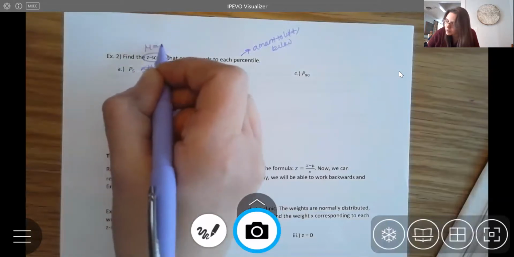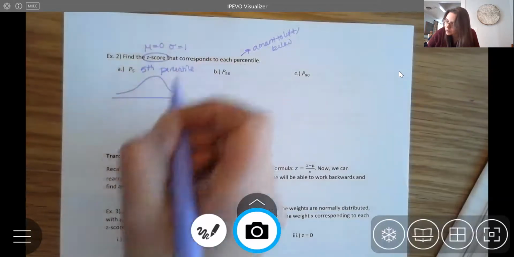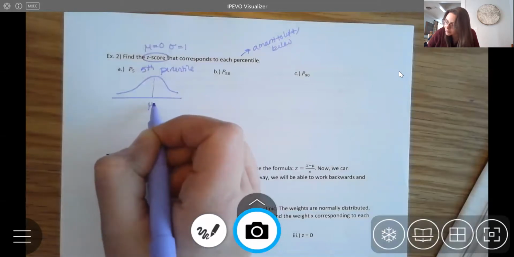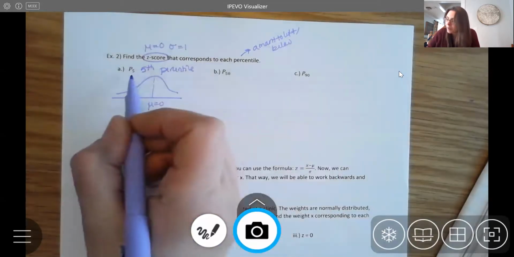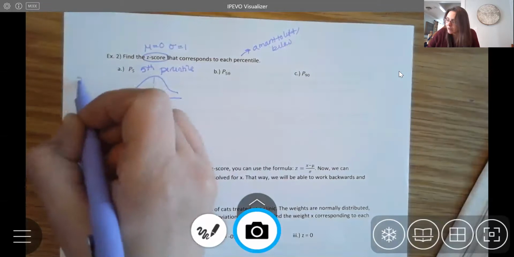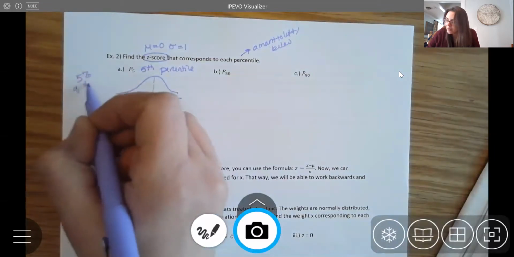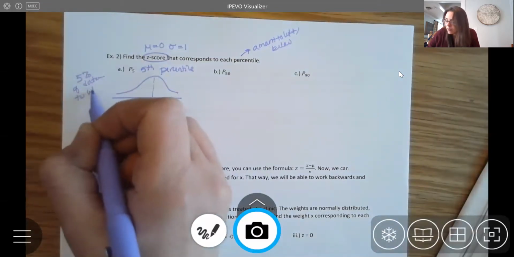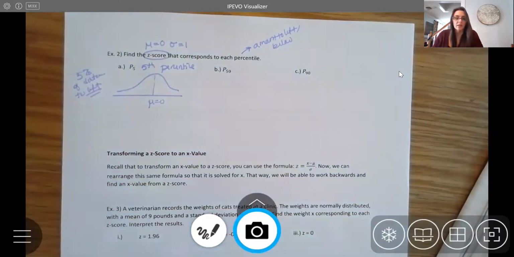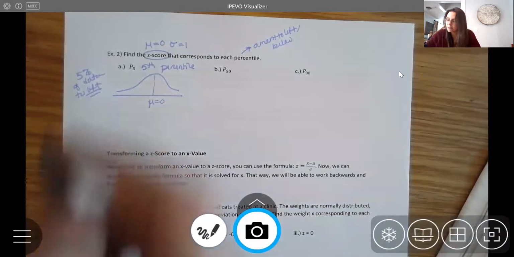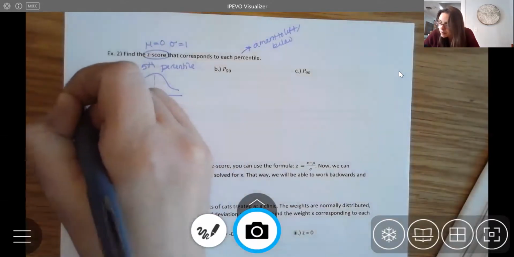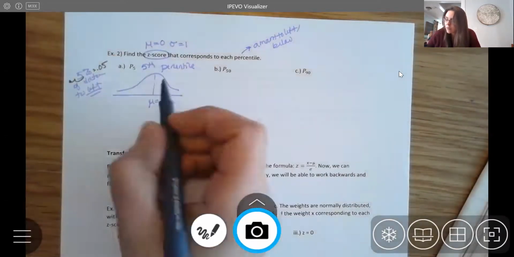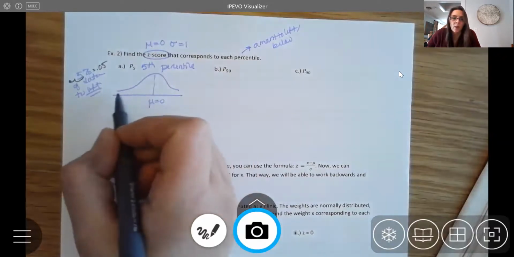So when you think z-scores, think mean is 0 and standard deviation is 1. So that center is right at 0 here. This is the 5th percentile, which means that you have 5% of data to the left. So it's always in reference to the left. Think about 5%, that's very small, right? 5% in decimal form would be 0.05. So this is the 50% mark, so you're way over here.